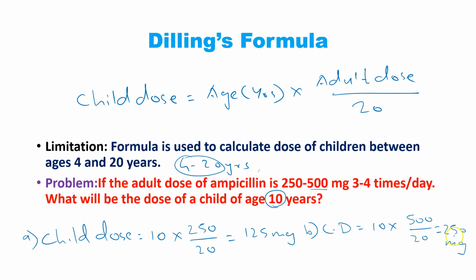So 250 milligram of dose is required. The answer for the child dose is 125 to 250 milligram, right? For adult it is 250 to 500. For child it will be 125 to 250 milligram 3-4 times per day. That will be the dose of ampicillin for a child of 10 years.